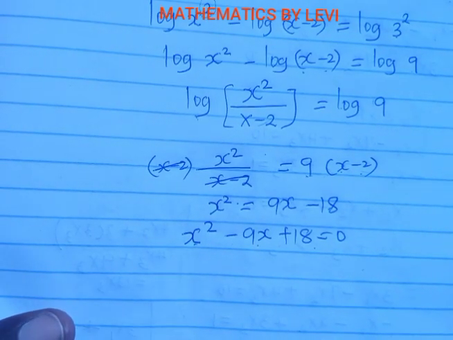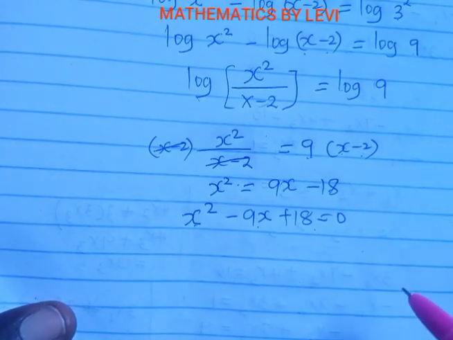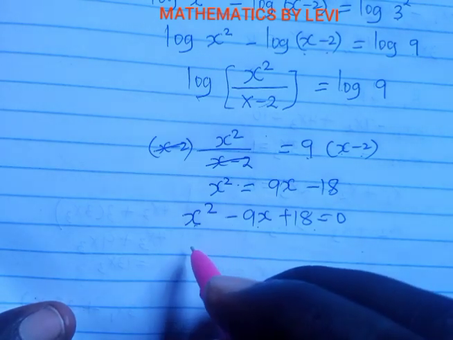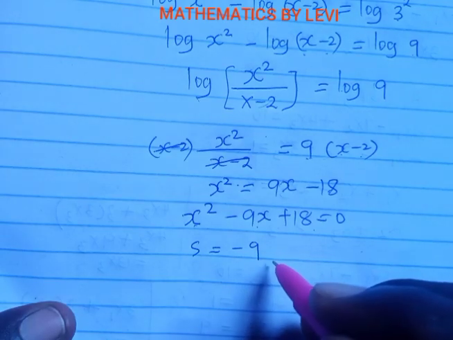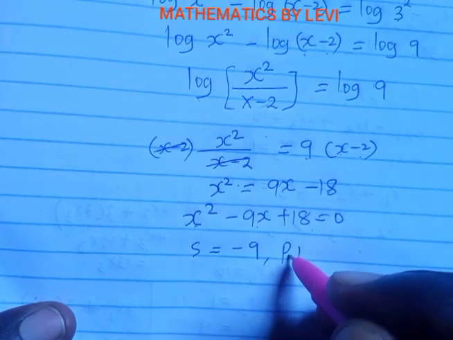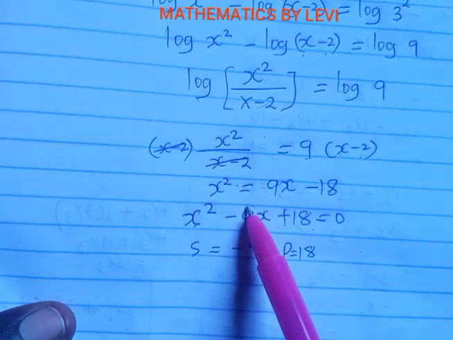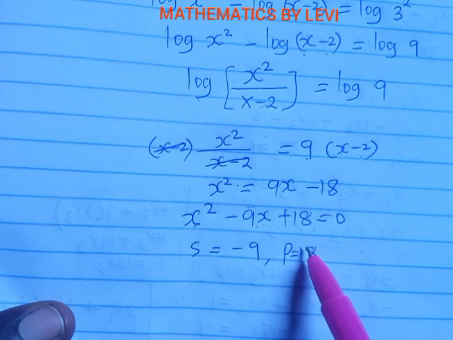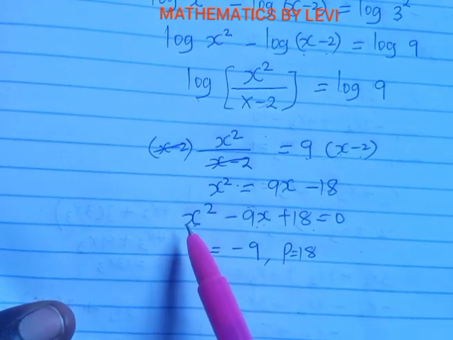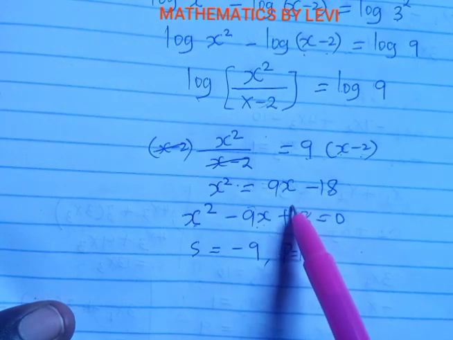Now, at this point, we shall solve this quadratic equation. We can say that the sum is negative 9, which is the coefficient of x, and the product is 18, which we obtain by taking the coefficient of x squared and multiplying it with the constant.